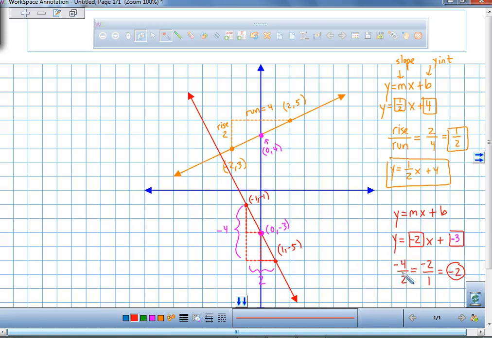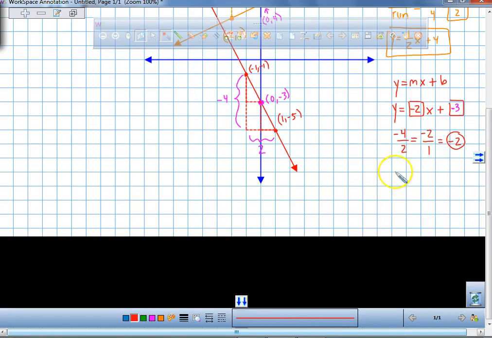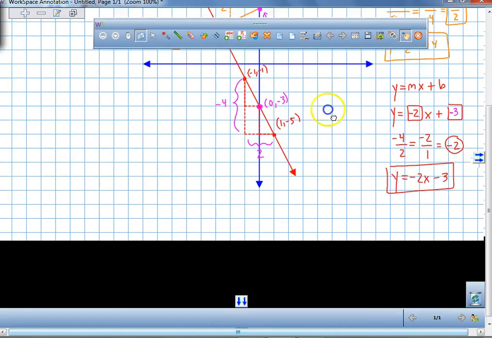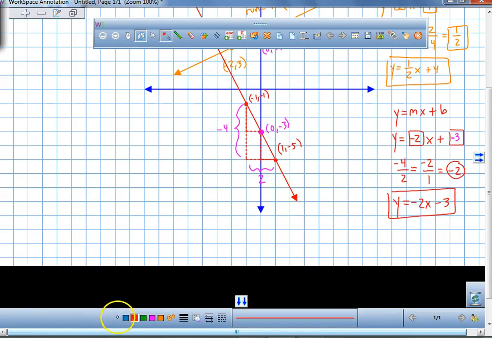So what would be my final answer if I had to write it? I'd write y equals -2x and -3. That's how you would write it if you had to fill in the blank and write an equation in slope-intercept form.